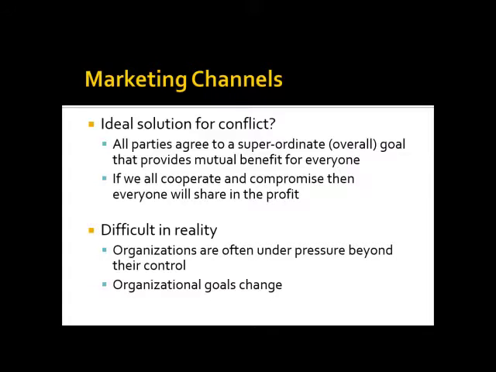The issue with these types of solutions is that they're just difficult in reality and difficult to maintain. Organizations are often under pressure beyond their control in terms of goals or changing goals. And over time, goals for organizations often change, which leads to conflict.